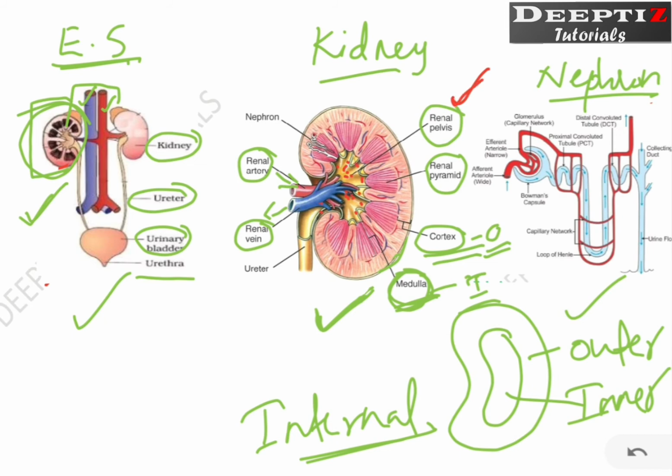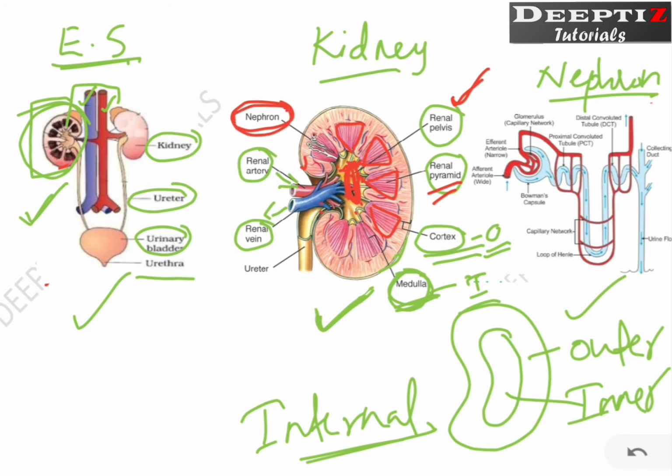To this renal pelvis you can see some pyramid shaped structures. These structures are termed as renal pyramids. Renal pyramids are the extension of this area, which is the renal pelvis. Now each pyramid is made up of some coiled structures. These coiled structures are nothing but nephrons.